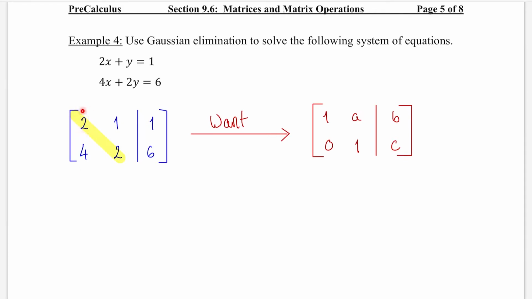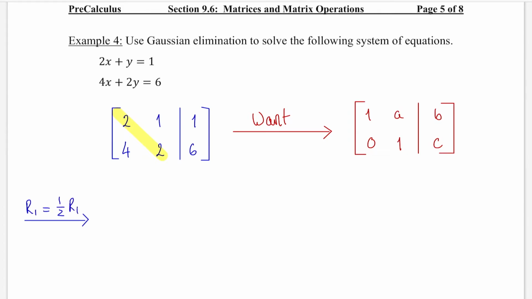Right now, in order to turn this 2 into 1, I will need to divide this by 2. So what I will do is divide the whole first row by 2 to turn this into 1. This notation says my new row 1 will be the original row 1 multiplied by 1/2.